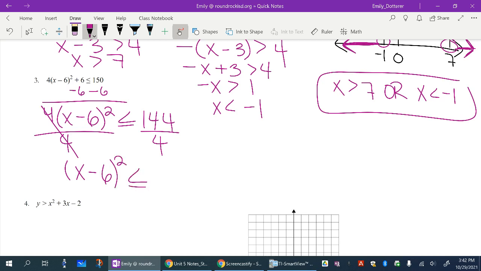Keep the symbol the same, because we divided by a positive, not a negative. Now all we have left is the stuff that's being squared, so we take the square root.